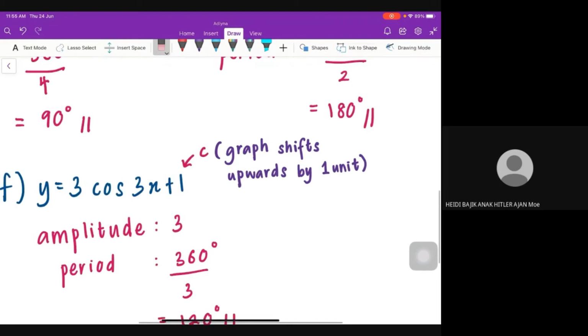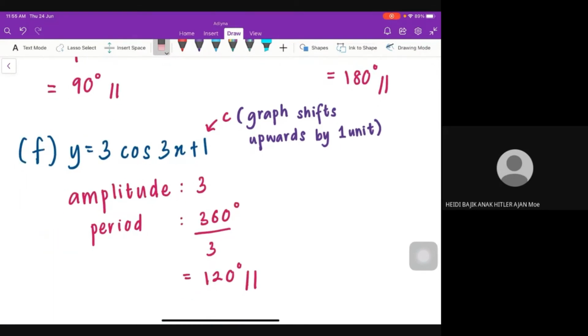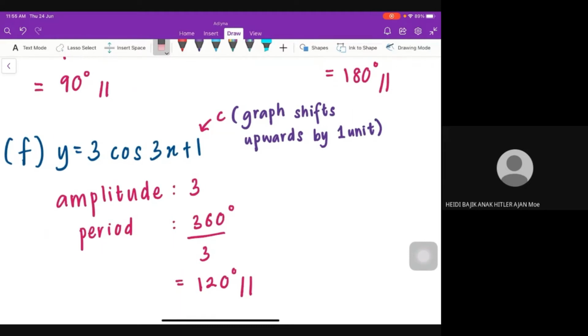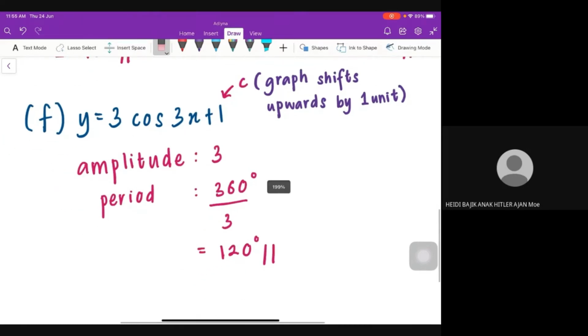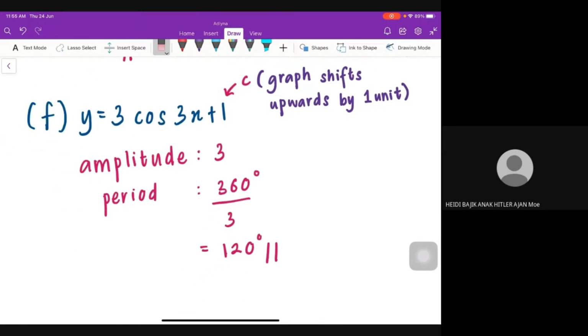Lastly, for question F, y equals 3 cos 3x plus 1, where plus 1 is c, but it doesn't affect the amplitude and period, as it just shows that the graph shifts upwards by 1 unit. Like the other questions, the amplitude is 3 and the period is 360 degrees divided by 3, which is 120 degrees.